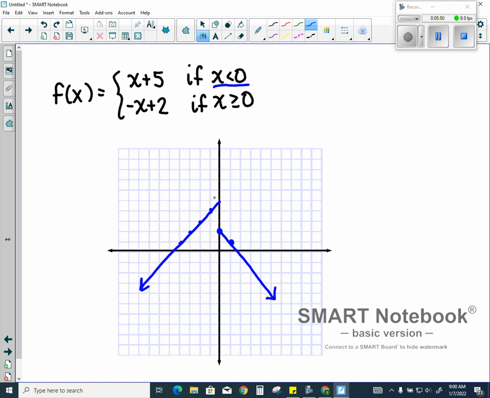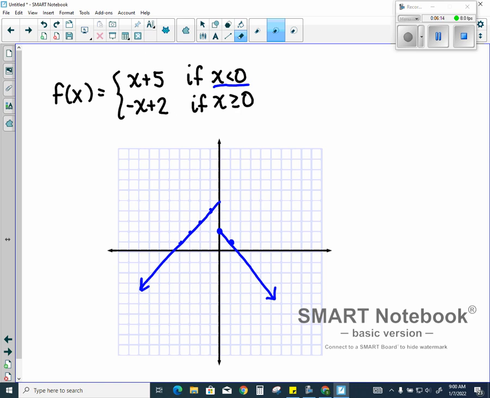Now, if I'm just looking at a graph like this, I understand that some students will try to stop it down here and say, well, I can't plug in 0, so they stop at negative 1. Okay. And that's not the case. It goes clear up here. I can use negative 0.1 and negative 0.01 and negative 0.001. But 0 is not actually a point on my graph.